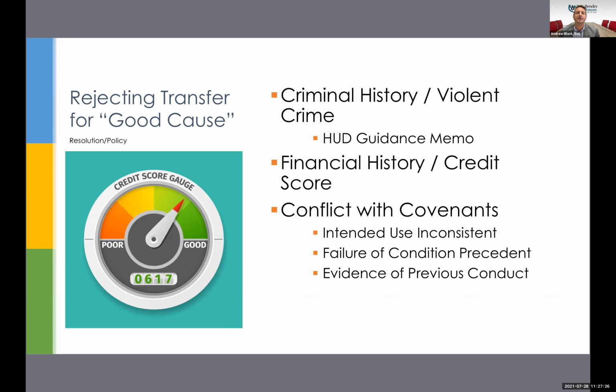And they came out with some good tips for communities on using criminal history as a basis to turn someone down. Essentially what HUD has said, and this is the advice we generally give our clients, is the criminal history must be a felony conviction or a felony guilty plea, where someone pled guilty, okay? It cannot be a misdemeanor crime. And it can't be just charges of a crime.